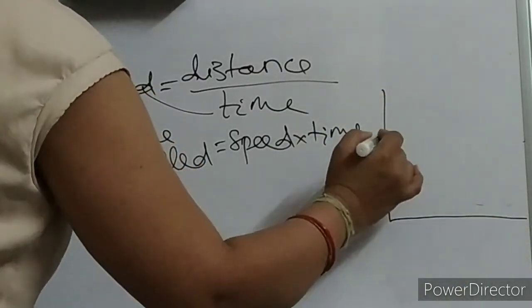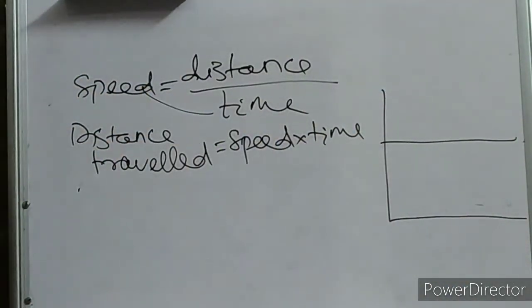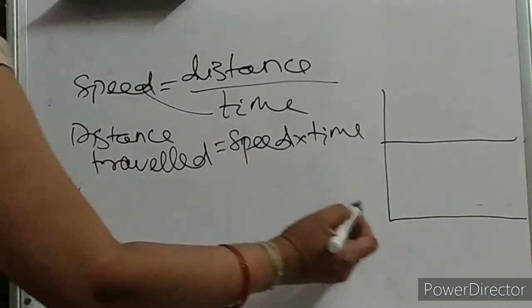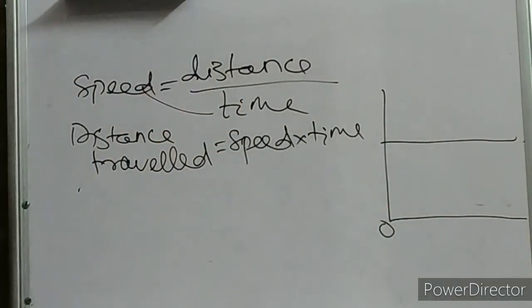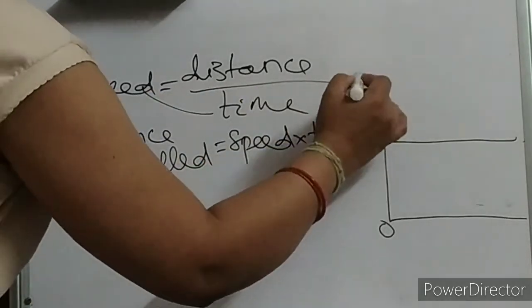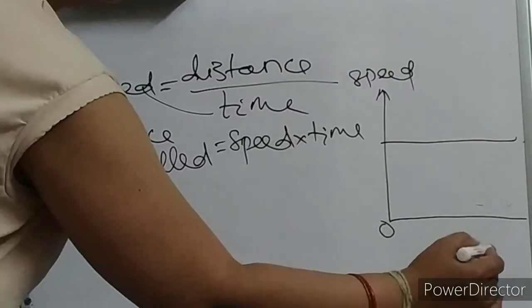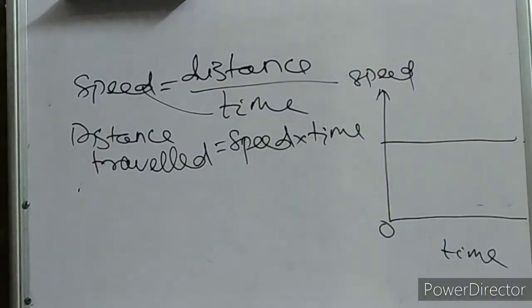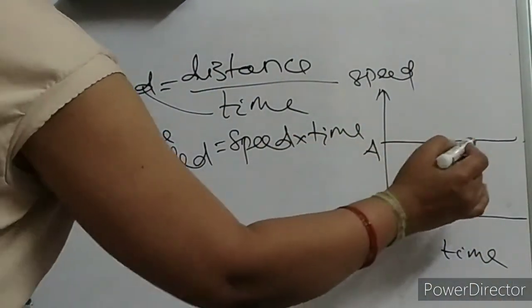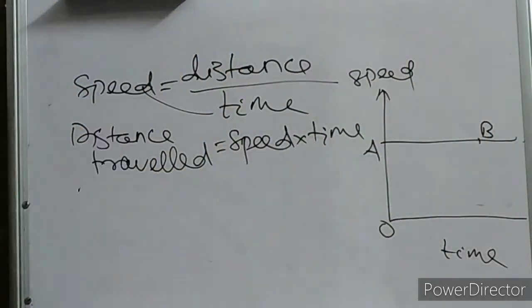Suppose this is your graph. This is O. This is your speed and this is your time, children. Let it be A and B. I want to calculate the distance traveled.